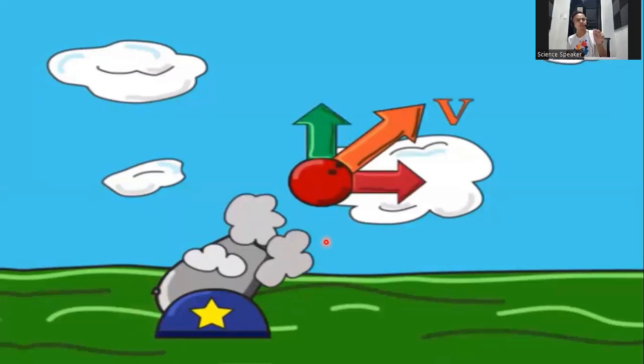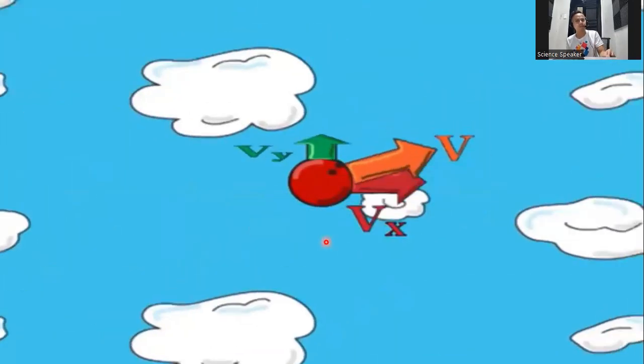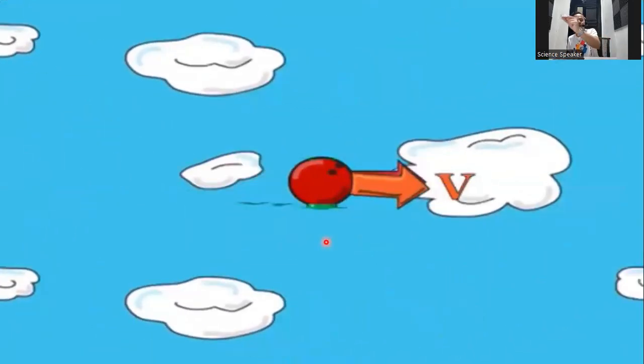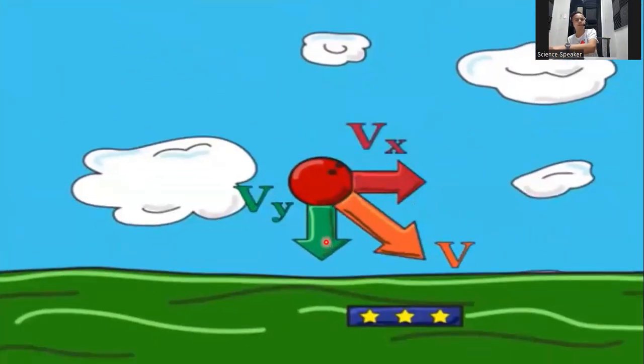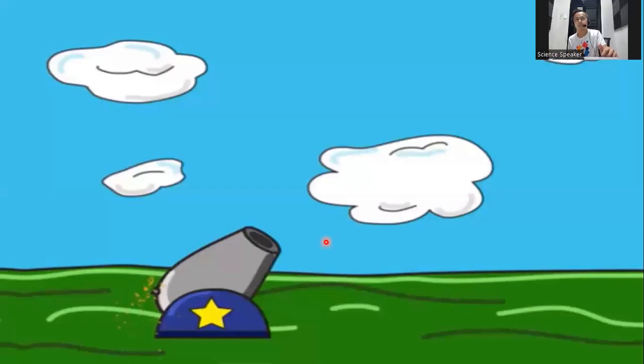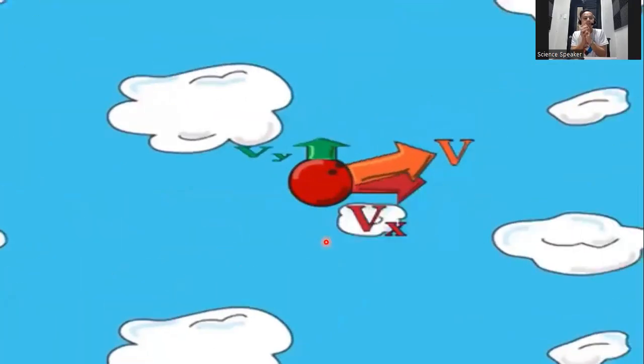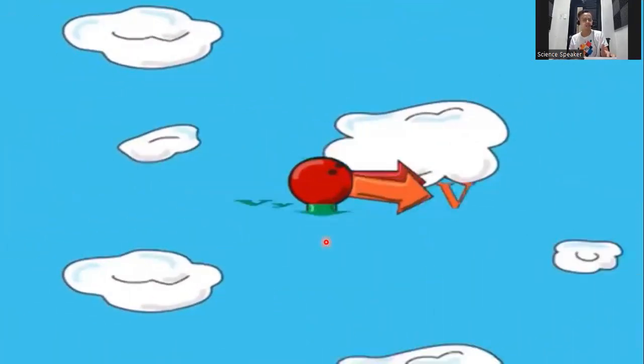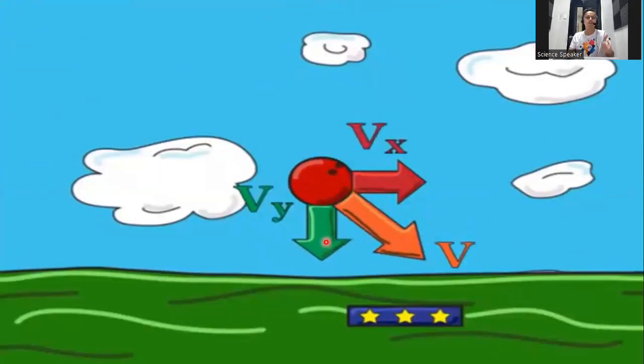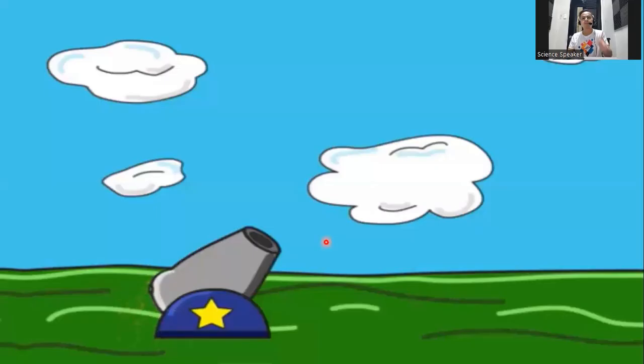And when you check it, from the moment the ball was released up to the very last point, when it reaches the ground, dili siya mag-change. So it simply means that the x component of the initial velocity is constant from the very first movement until the last one.